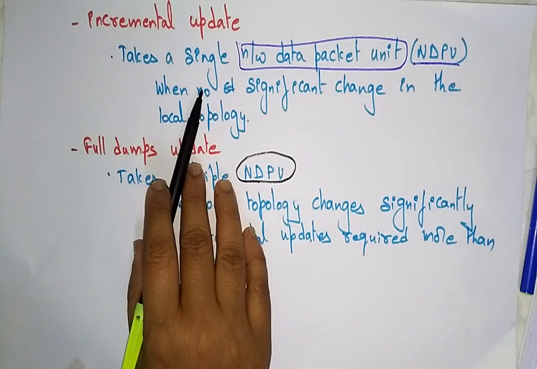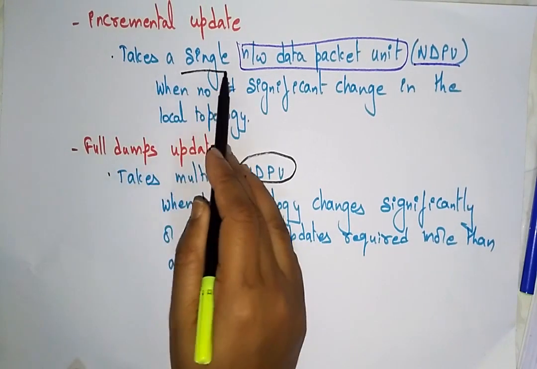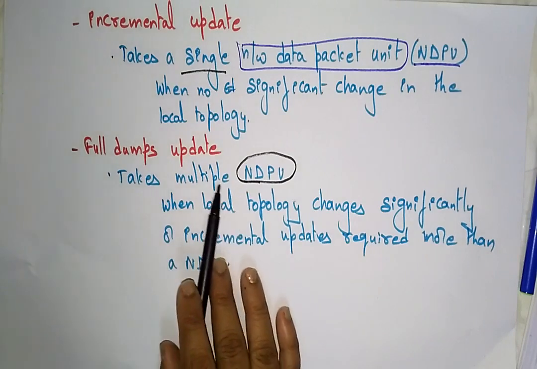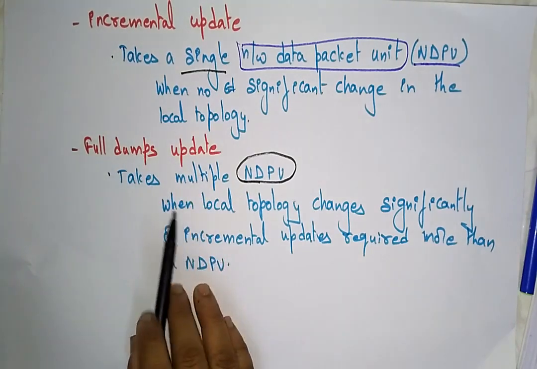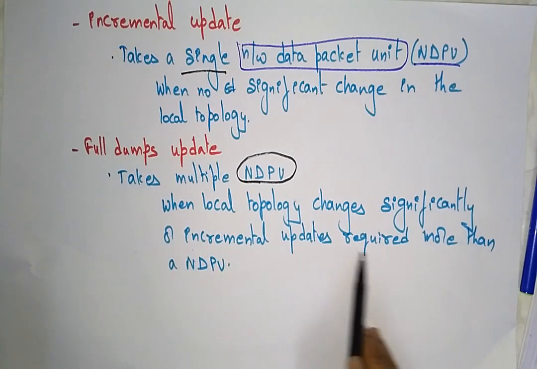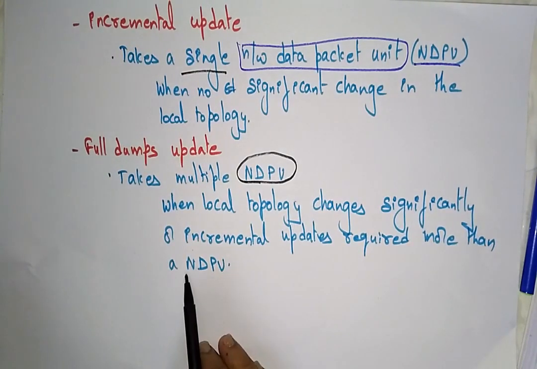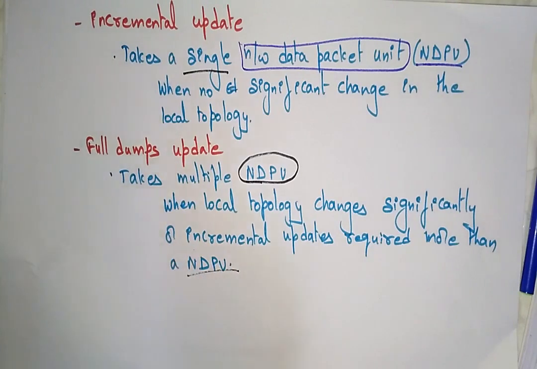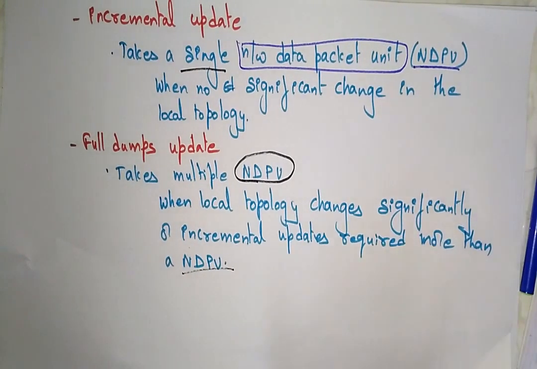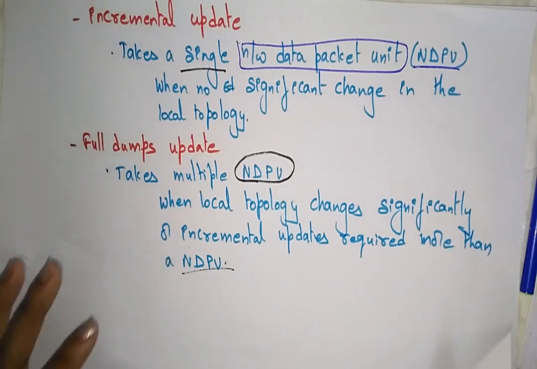If there is no significant change in the topology, you can go for the single. If there are multiple changes in the topology, we have to take the full dump update. So when the local topology changes significantly, or incremental updates require more than one network data packet unit, you have to go for the full dump update. Okay, so this is just an introduction to DSDV.